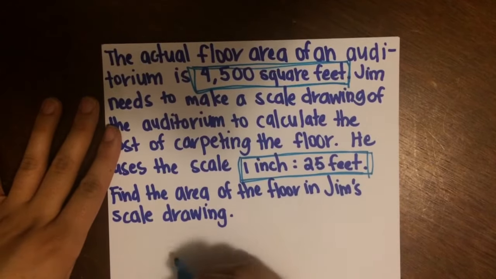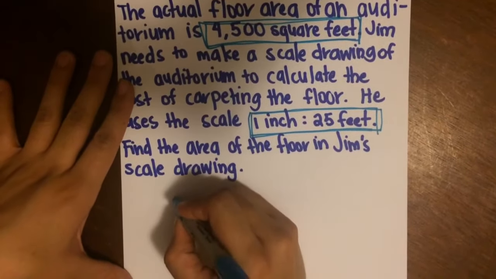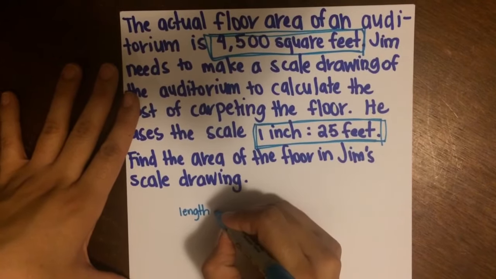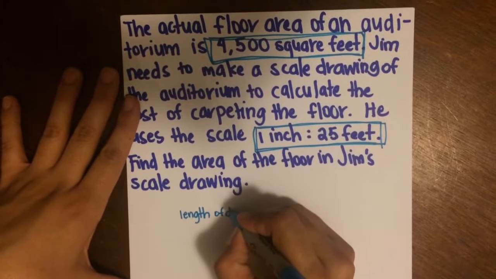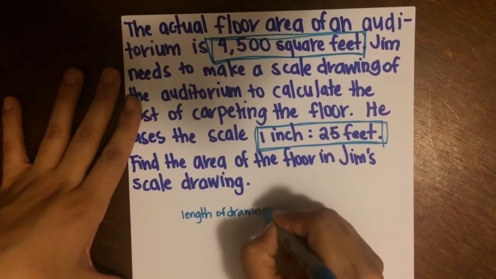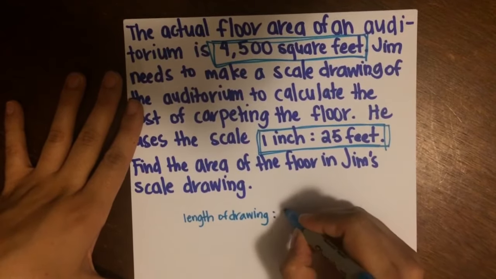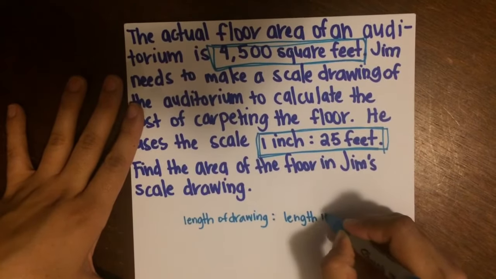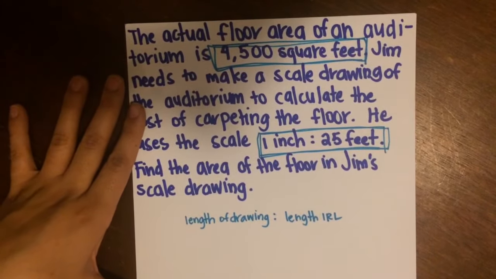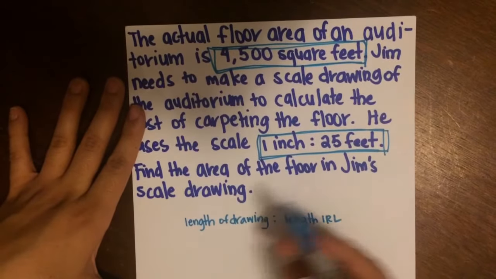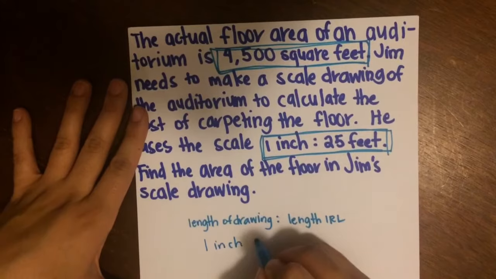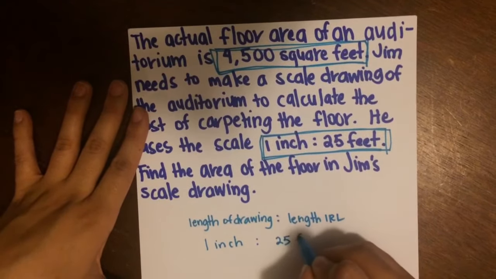So I'm looking at length of the drawing in comparison with actual length. I can pull that out of what I have in my problem. 1 inch is to 25 feet.